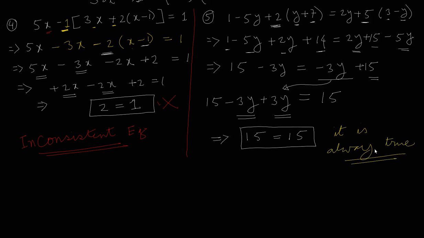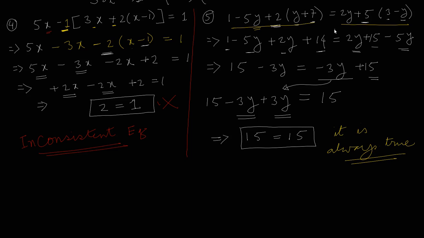That means no matter what the y value is, like let's say if y is 1, then I'm going to have 15 equal to 15. That means the left hand side is going to equal the right hand side. So y equal to 1 is a solution. If y equal to 2, again it is going to happen, left hand side will be equal to right hand side. So y equal to 2 is also a solution.